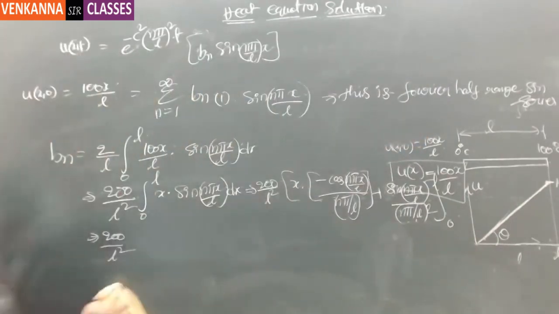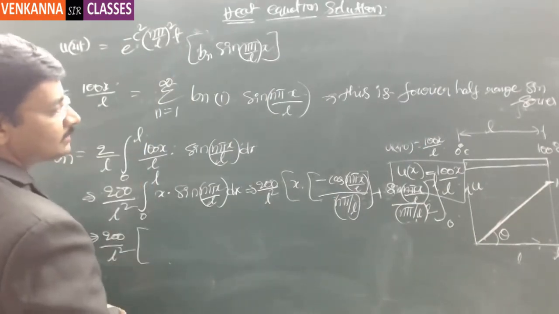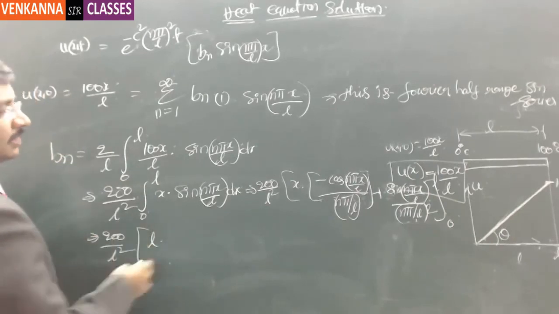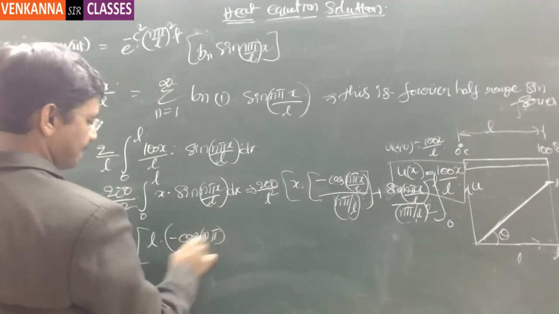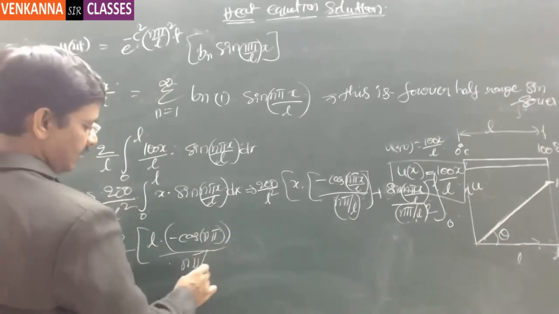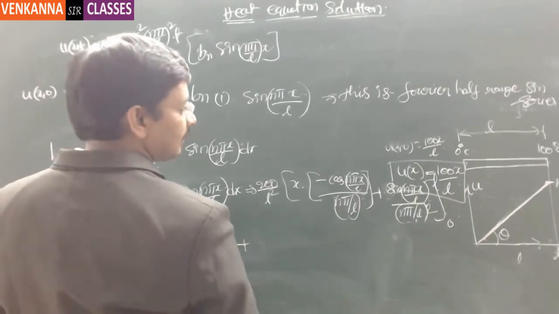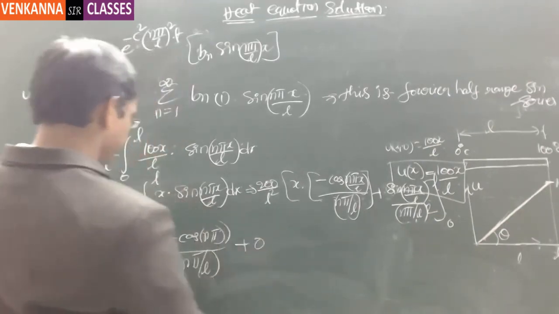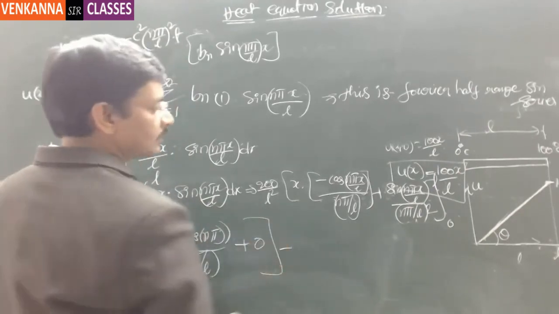If I substitute x is equal to L, so L times minus cos n pi divided by n pi by L, plus sin n pi, which is going to be 0, minus 0.